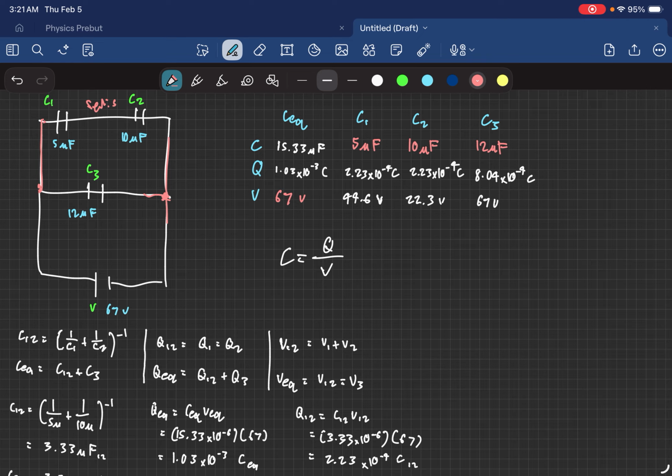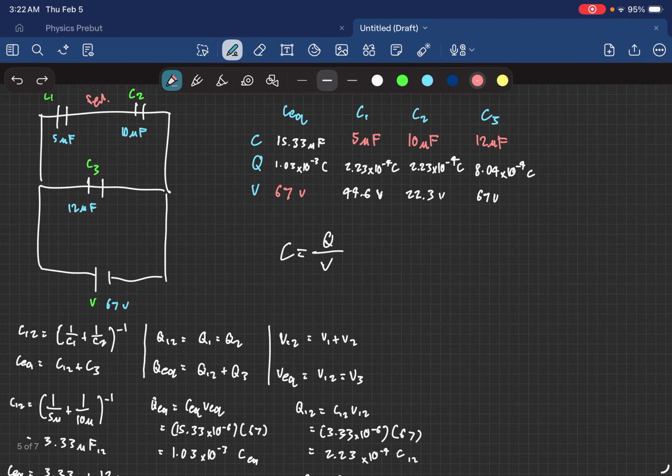If you have a series connection, it's just one straight line. But since there's this intersection, it's a parallel. And for parallels in capacitors, you just simply add them. So our CEQ is equal to C12 plus C3.